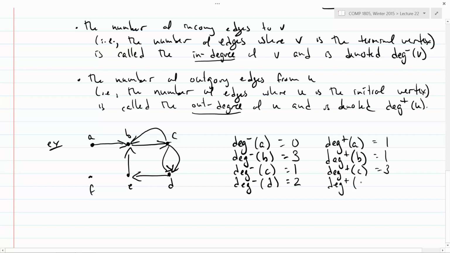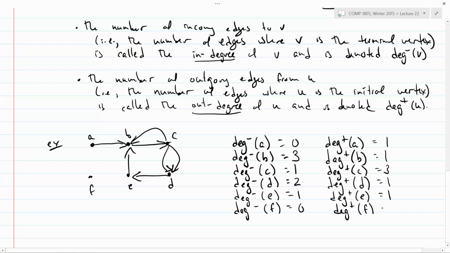What about my out degree from D? Just 1, it's the edge that goes to E. The in degree for E is going to be what? 1. And the out degree for me is going to be 1. It leads to B. And then finally, the in degree for F, 0. And the out degree for F is also going to be 0.